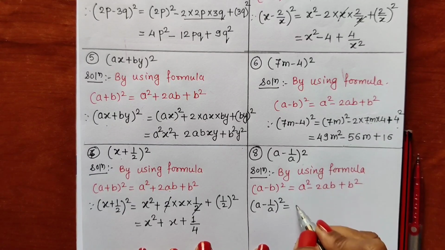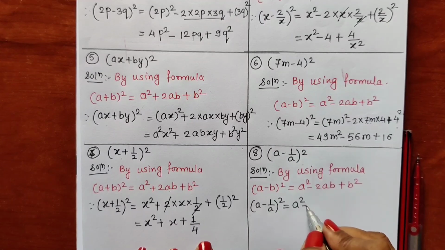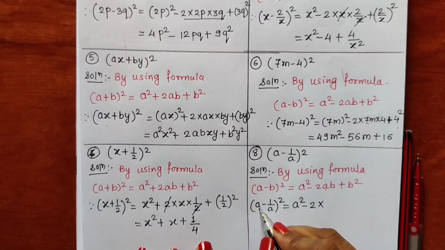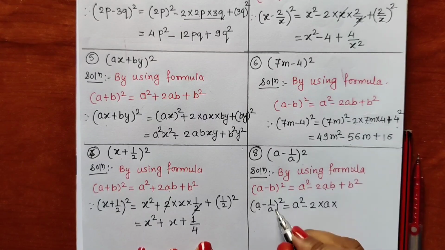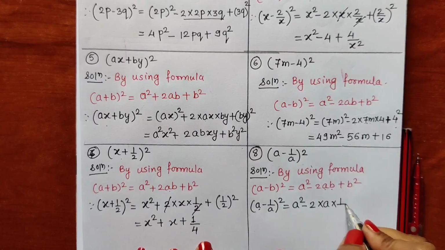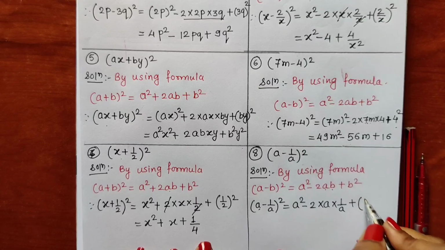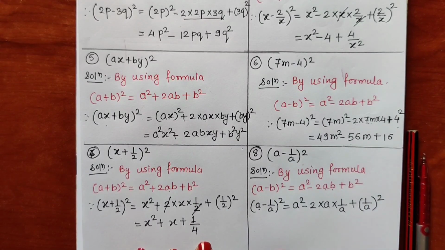So first term square, that means a square, single a is there, we don't require to put the bracket, minus 2 multiply by first term a. Here also in question also first term is a. Multiply by second term b. In our question second term is 1 upon a. Plus b square, that means second term square, (1 upon a) square. Fraction is there, so we have to put in the bracket.